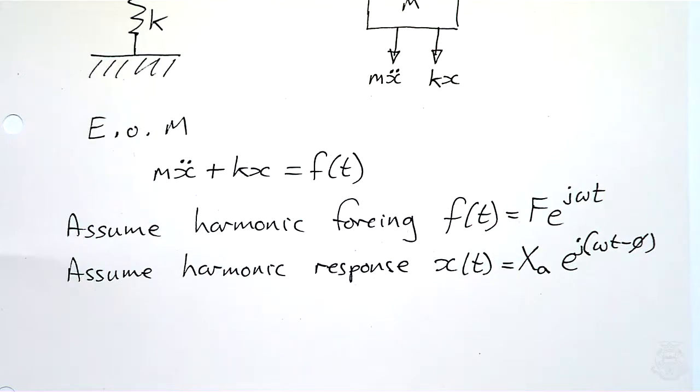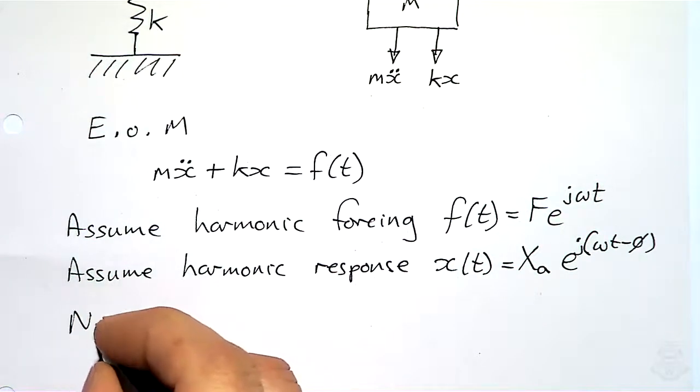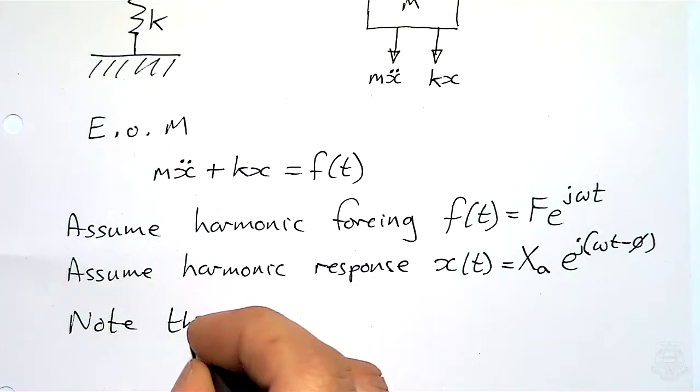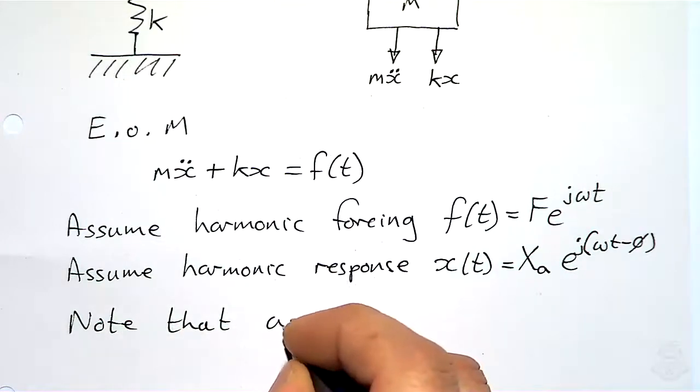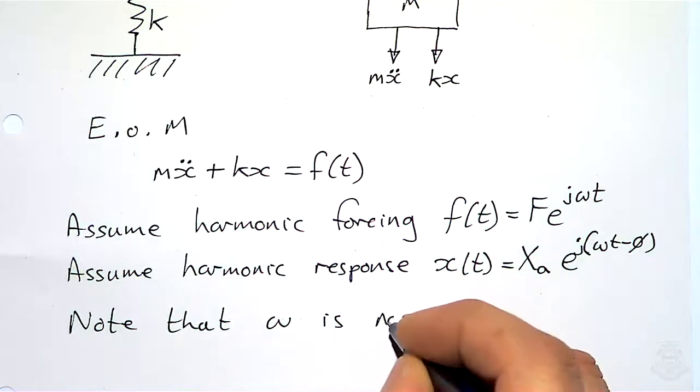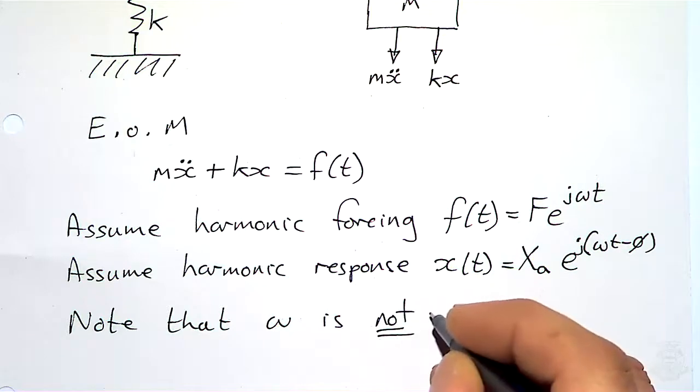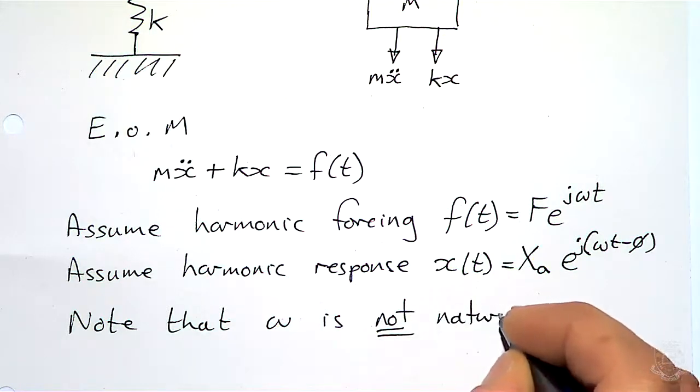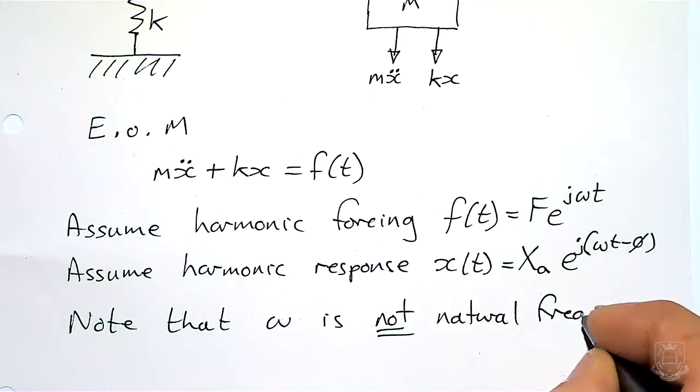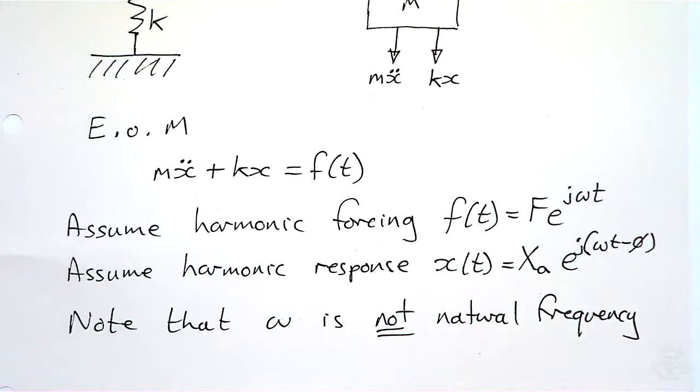Okay, so there's a couple of things to note about this which are different from before. First of all, note that omega is not the natural frequency. What I've written down here, omega doesn't have any subscripts.